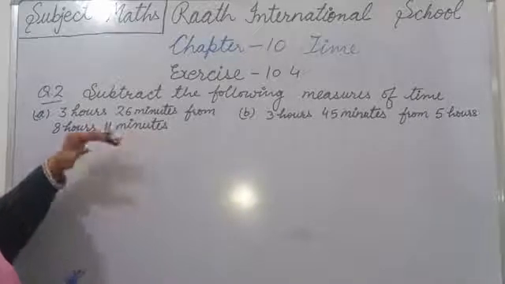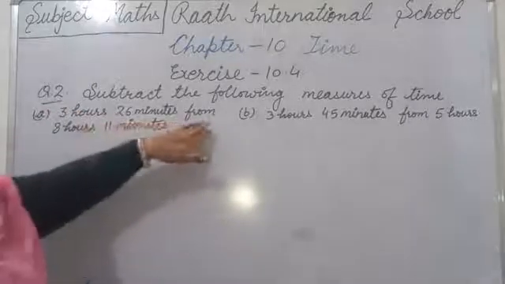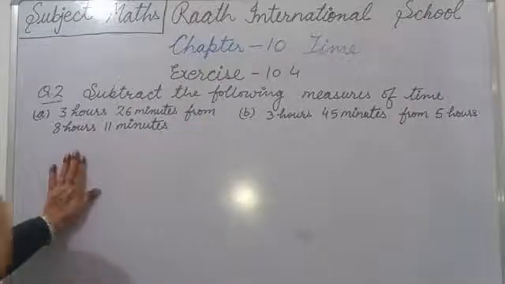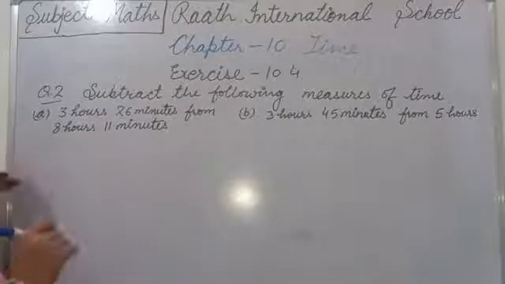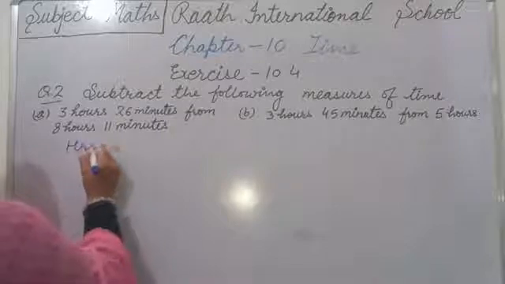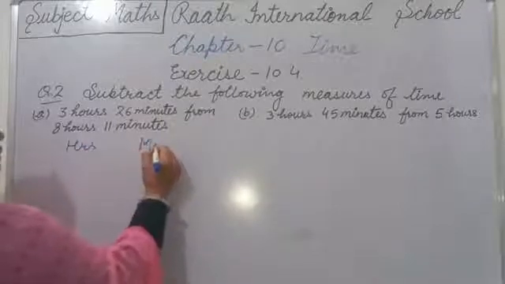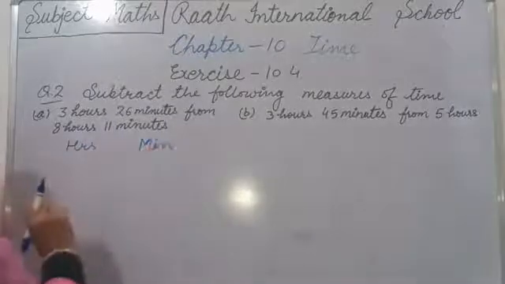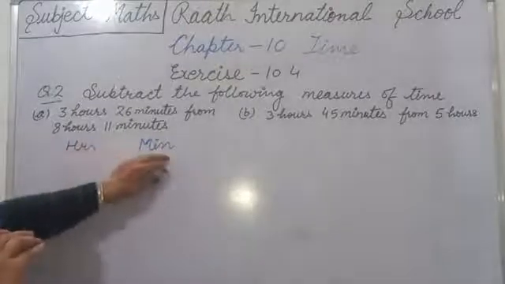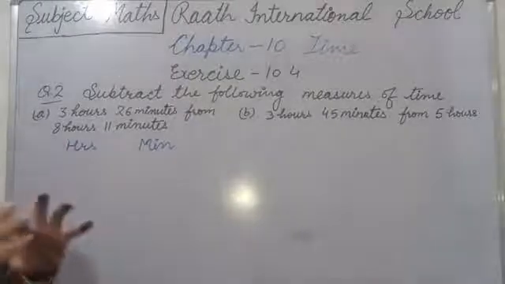Okay. So here is given "from". What comes after the word "from" we write up, and what comes before "from" is written down. So we put our columns here: hours, minutes. Now when you are doing subtraction, firstly leave some space outside, because if we take borrowing, in that space we can write easily.